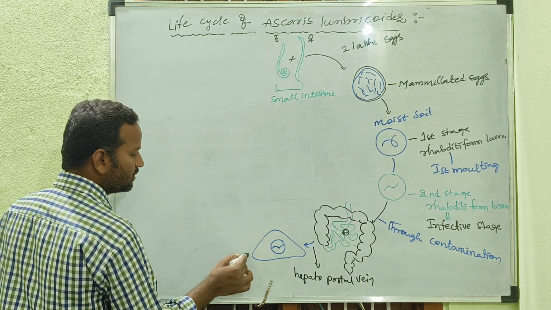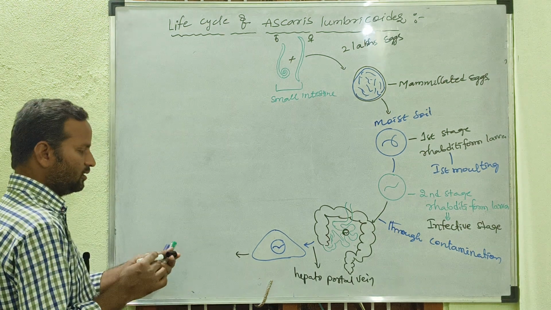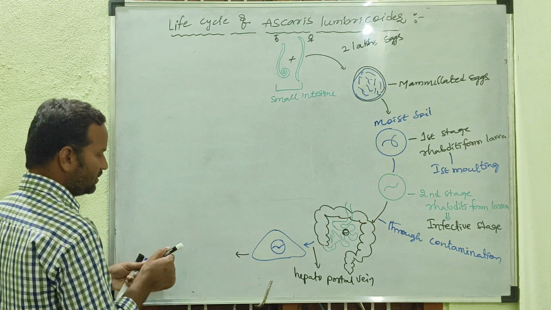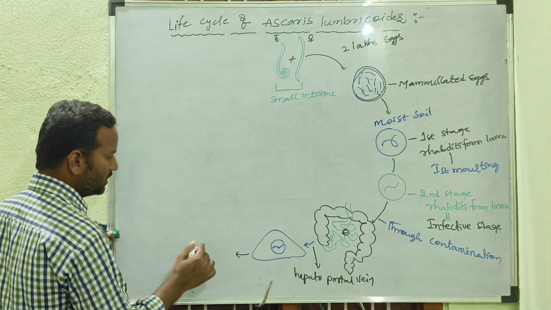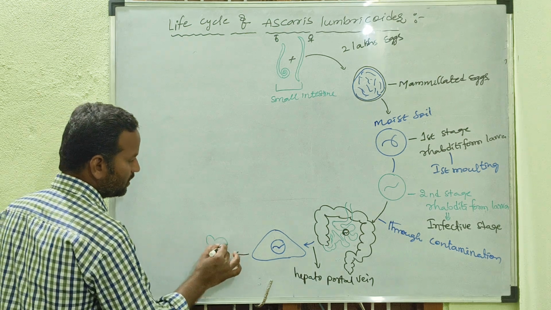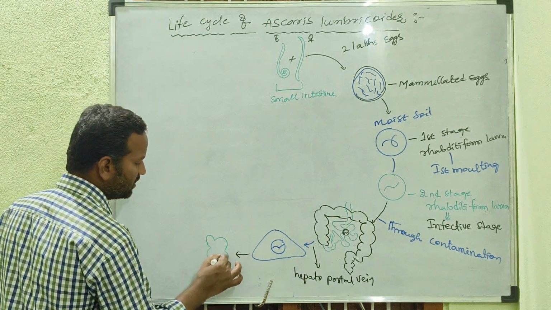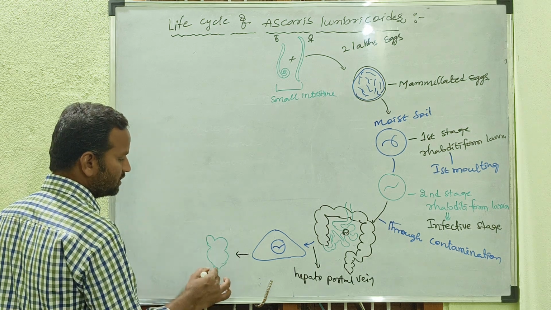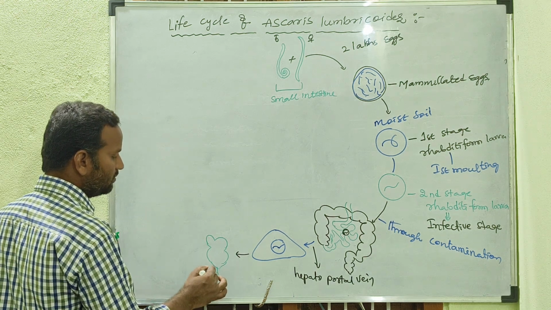The next step is that from the liver, it reaches the heart. I think you know this very well. This is the structure of the heart, just for imagination, not exact. This is the post caval vein.